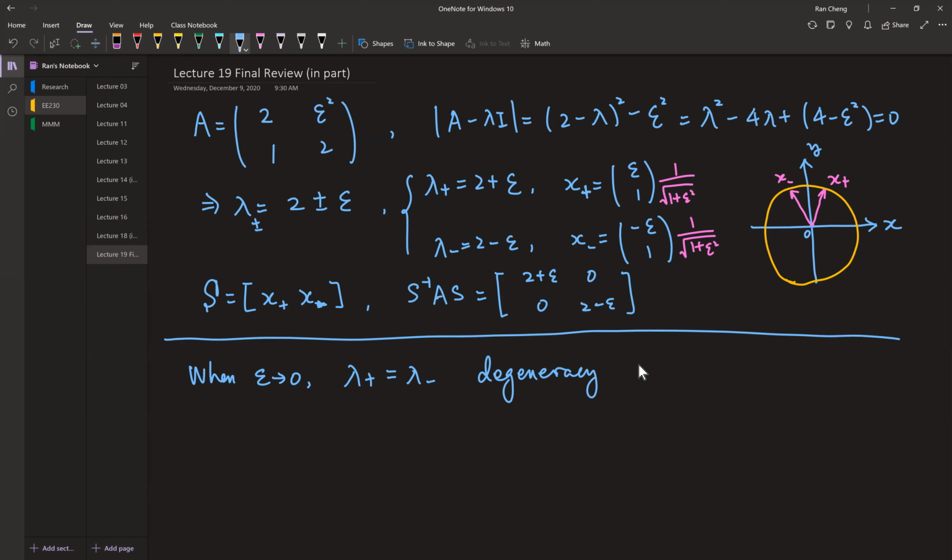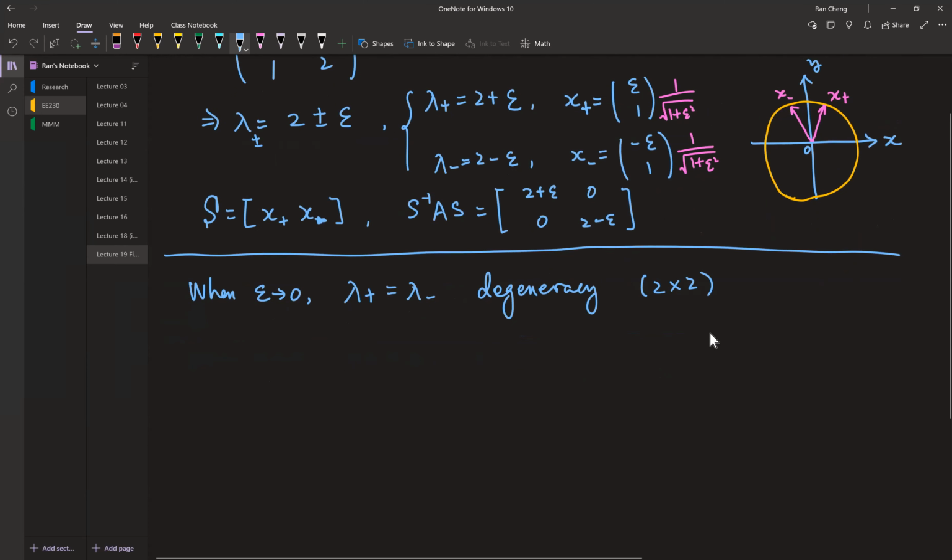Because this is a 2x2, as we introduced in class, once we have a degeneracy, the matrix is also defective and non-diagonalizable. So there's going to be a problem in the diagonalization when epsilon goes to 0. In this case, A becomes 2, 0, 1, 2, and this is a defective matrix.